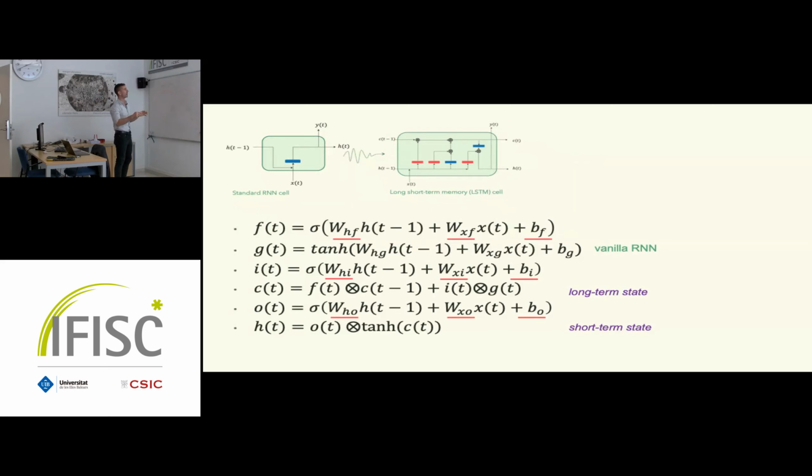Now we have 3 times more trainable parameters, all of these in red. So what I mean is that if we want to train and use this kind of system, we have to pay an even larger cost in terms of compute, memory, money, time, energy, etc., right?